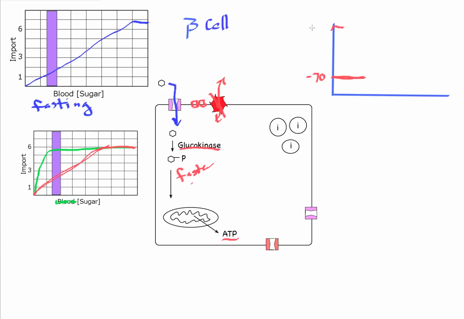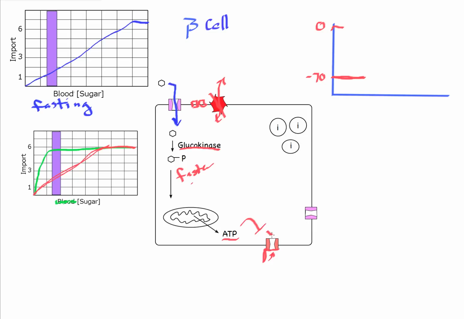Up here would be 0. But when ATP levels increase, so the more blood sugar there is, the faster glycolysis works, the more ATP is present. When ATP levels build up, that takes a normally open potassium channel and closes it.